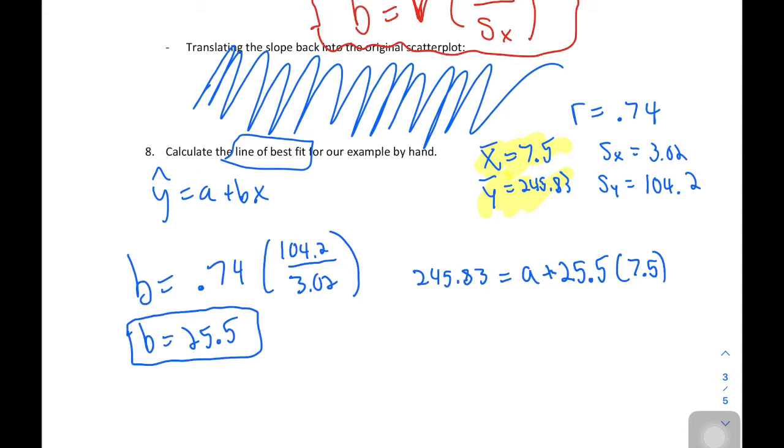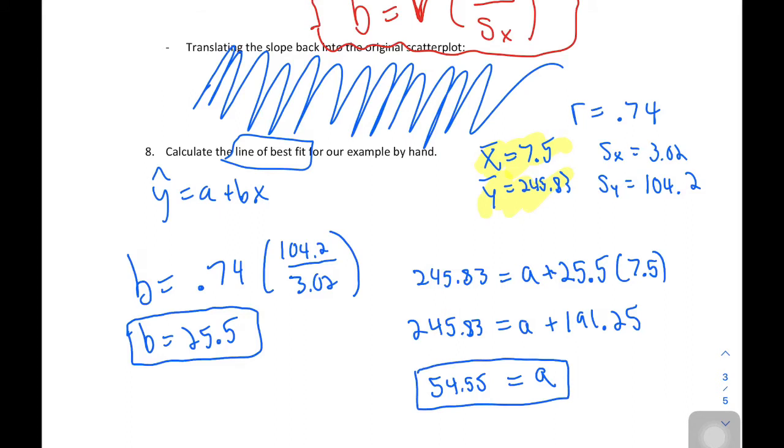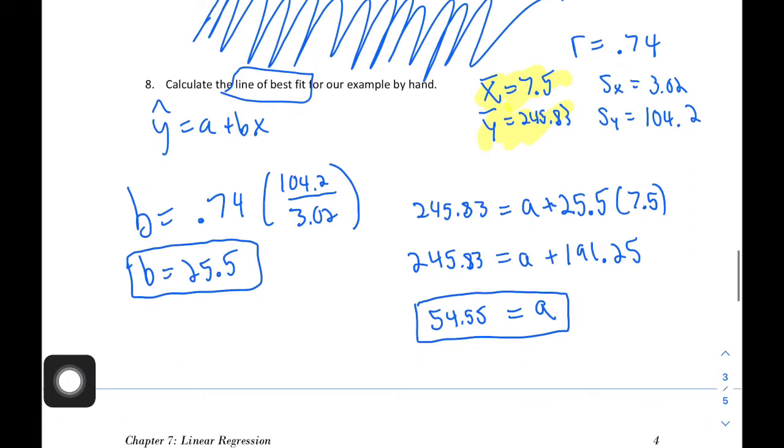If we go ahead and solve this, we have a plus 191.25 subtracted to the other side, and we would have a equals 54.55. So we have now our y-intercept, and we have our slope.